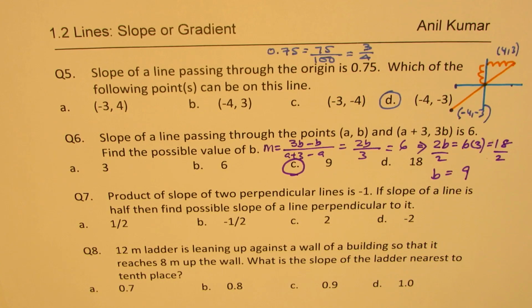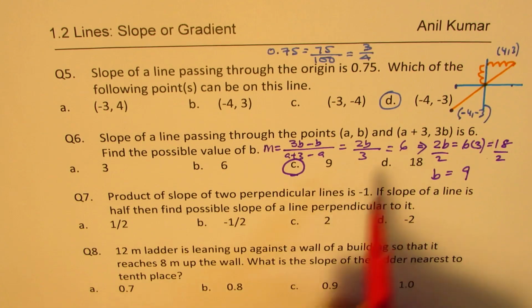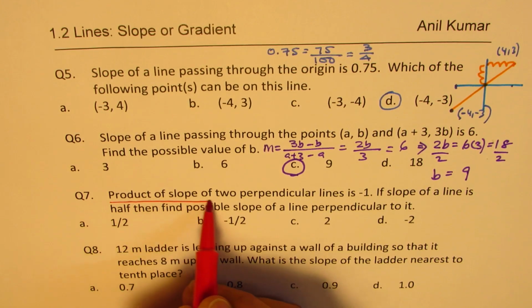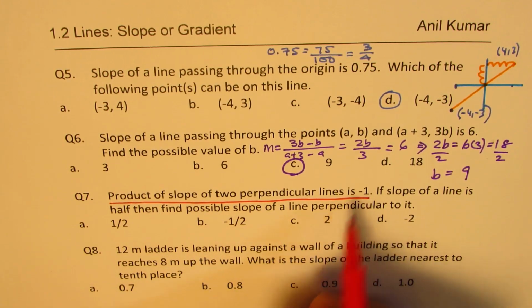Perfect. Now these are the type of questions which you should be ready for once you do my videos. Now question number 7. Product of slope of two perpendicular lines is -1. If slope of a line is half, then find slope of the line perpendicular to it. Now this is a concept which we'll explore further later.